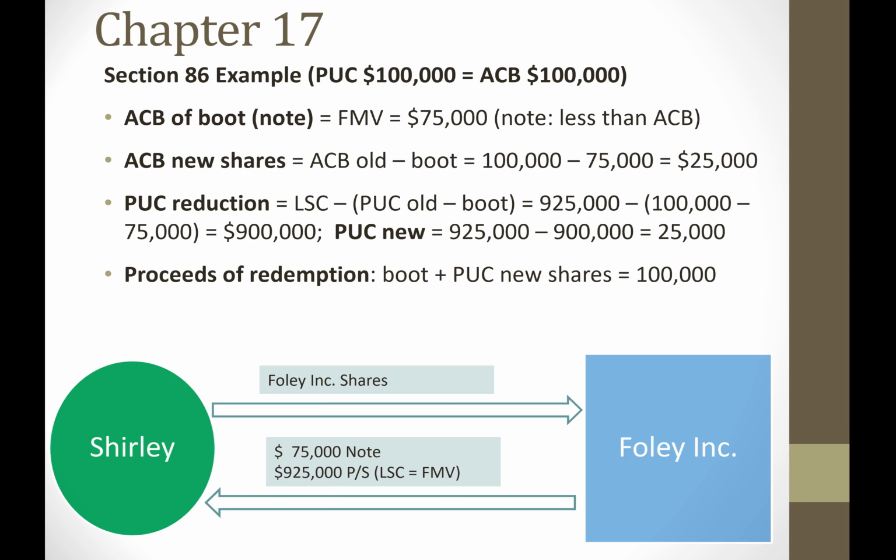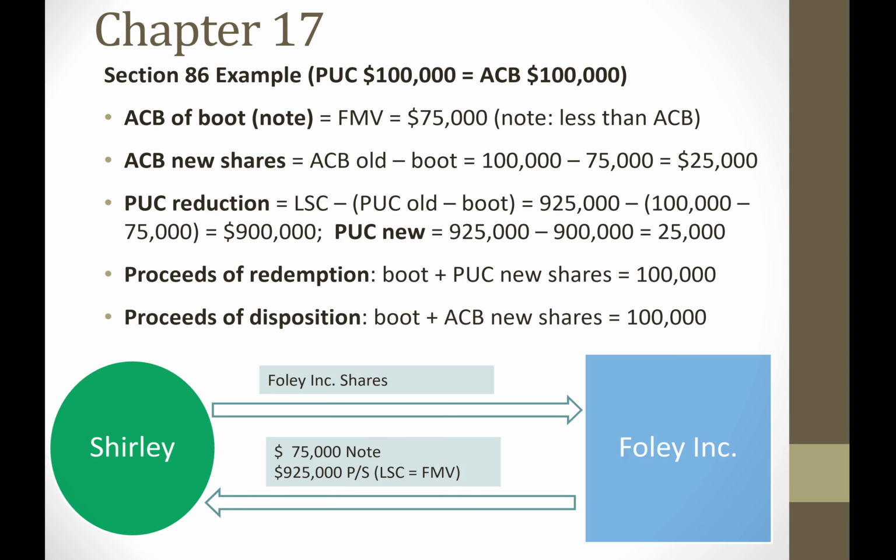Now the proceeds of redemption, remember Foley Inc. is going to redeem the common shares from Shirley. So first of all, we got to figure out what the proceeds of redemption is. That's going to equal the boot, 75,000, plus the PUC of the new shares, 25,000. So the proceeds of redemption are going to be 100,000.